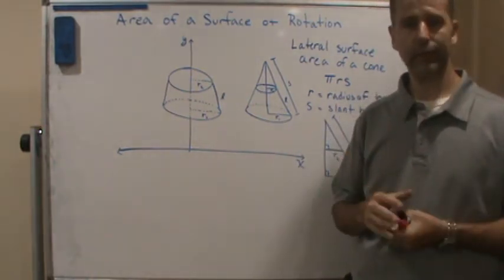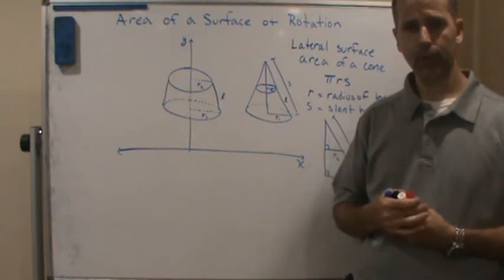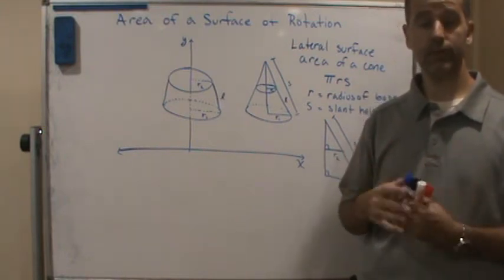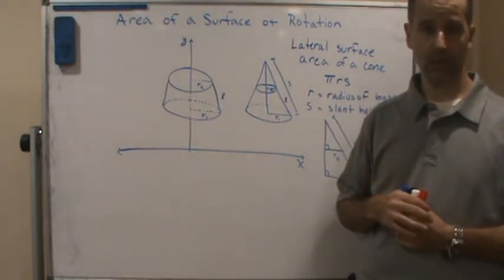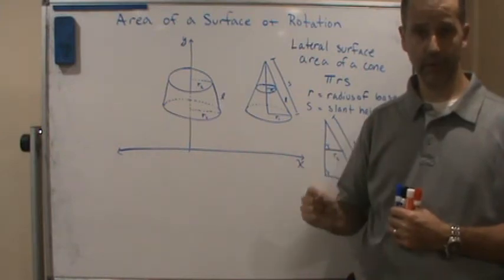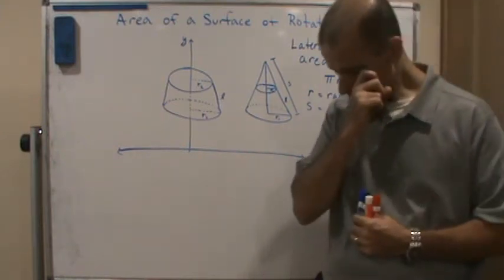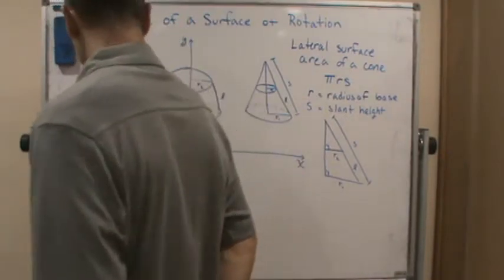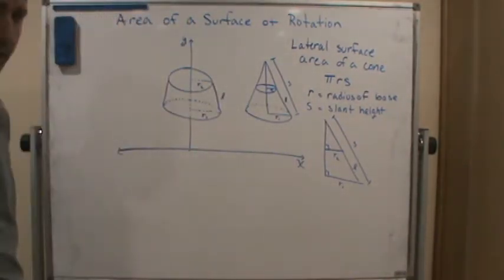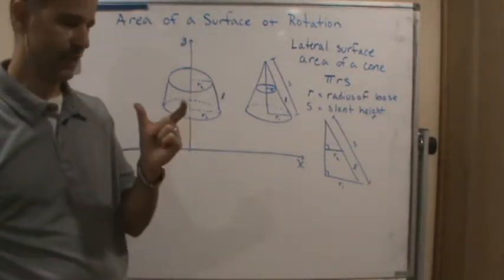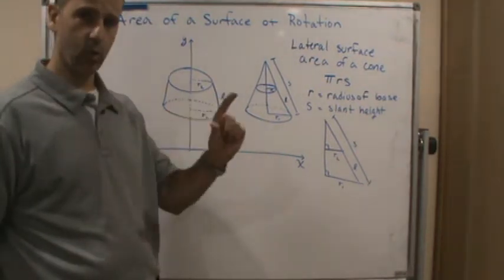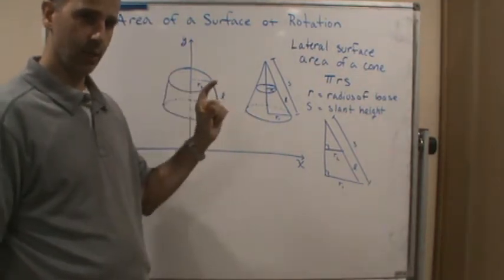In this video we're going to carry on with our work on deriving the formula for finding the surface area of rotation, so finding the area of a surface of rotation. I drew this picture. Remember, we have this line segment and we're rotating it around an axis of rotation.